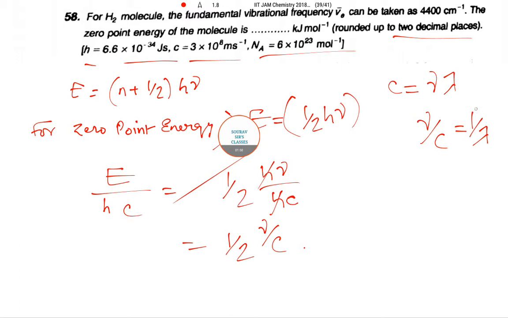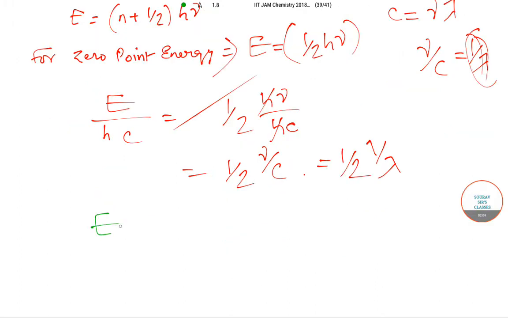So this is essentially the wave number, 1 by lambda, and so this is equal to half into 1 by lambda. So E will be equal to half into 1 by lambda into hc, taking this hc that side.